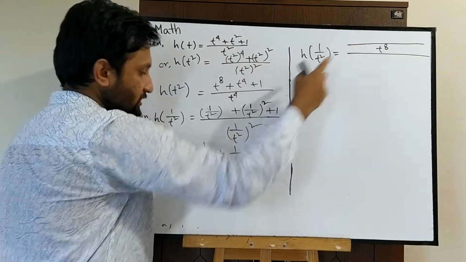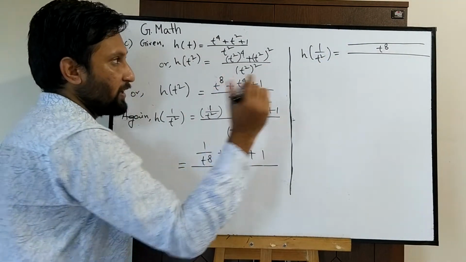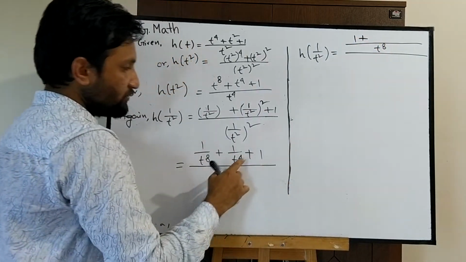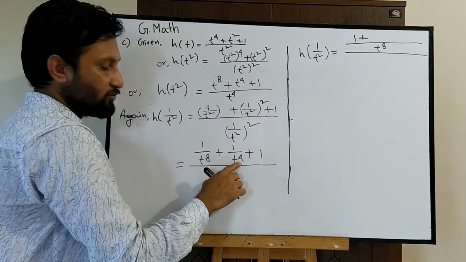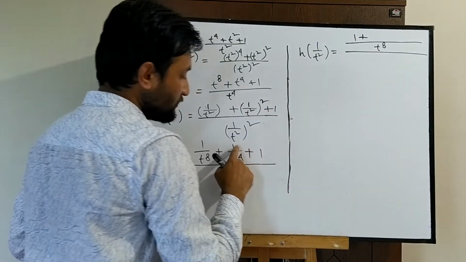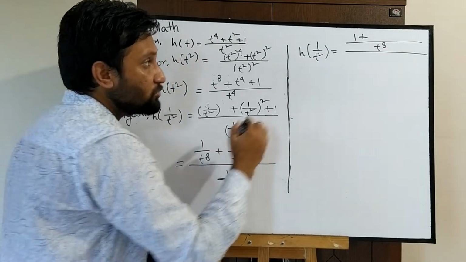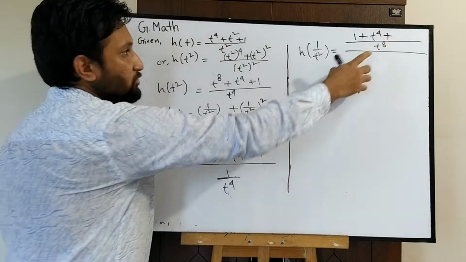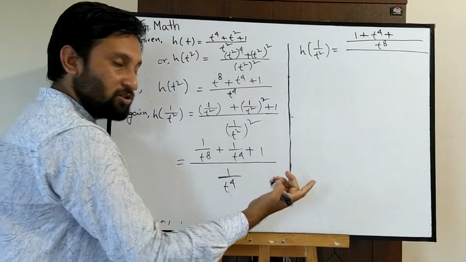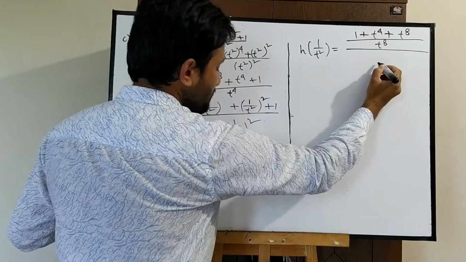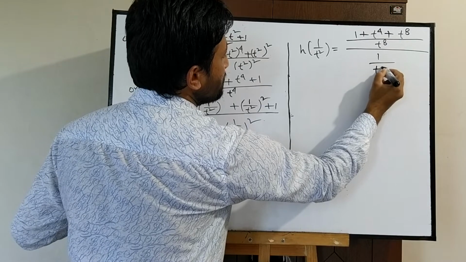So t to the power 8 divided by t to the power 8, that means 1. So 1 into 1, 1, plus t to the power 8 divided by t to the power 4 in the second fraction, so t to the power 4. So t to the power 4 into 1, that means t to the power 4. So t to the power 4 plus t to the power 8 over t to the power 8, in the denominator 1 by t to the power 4.